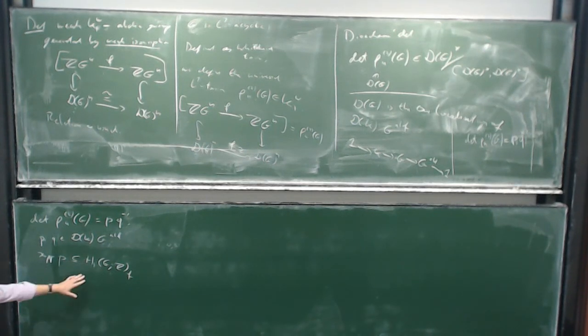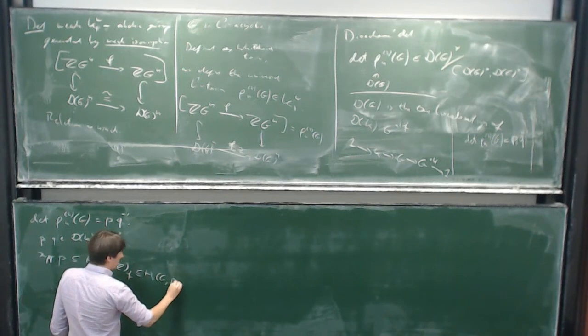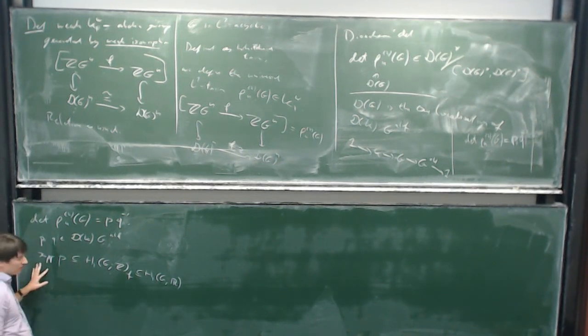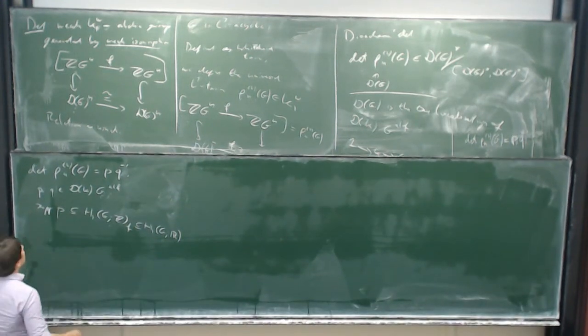But now, if you look at the homology with coefficients in Z and you take the free part, this guy sits inside this finite dimensional real vector space, okay? This is obvious. Now, we have a finite collection of points inside the vector space. What do we do?